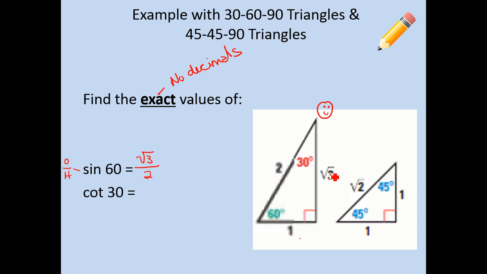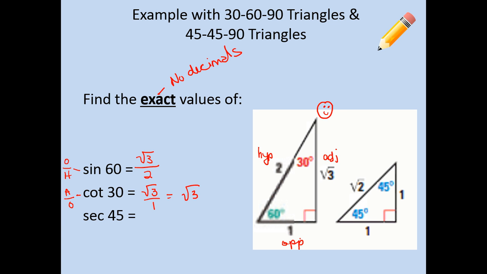Now this becomes the adjacent side, and this becomes the opposite side, and this would still be the hypotenuse. And now I want the cotangent. And remember, cotangent is the inverse of tangent, which would be A over O. So adjacent would be the square root of 3 over the opposite, which would be 1, which is the same thing as saying the square root of 3.